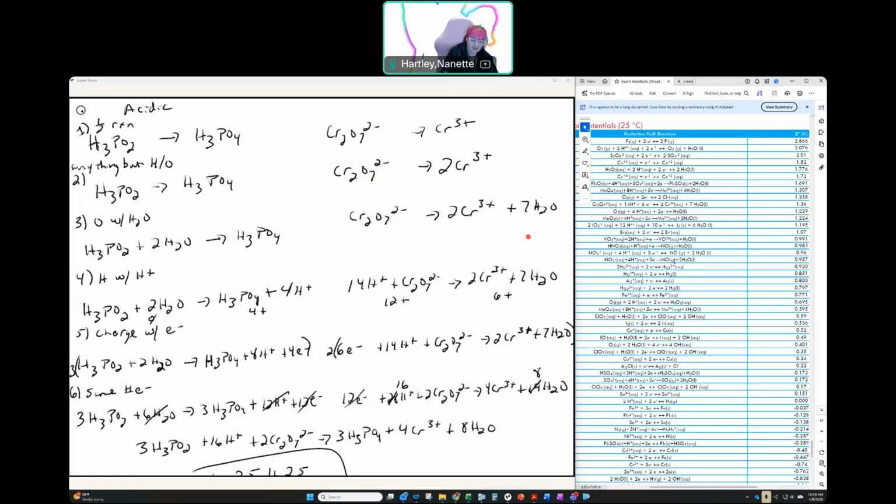So I had to add 7 H2O here to make up for those oxygens. So now I've dealt with phosphorus, chromium, and oxygen. Next, we look at hydrogen. And we always do hydrogen with H+ after the oxygen because I add protons when I do the H2O. So I add that H+ or the H. And so I need to deal with that after the fact.